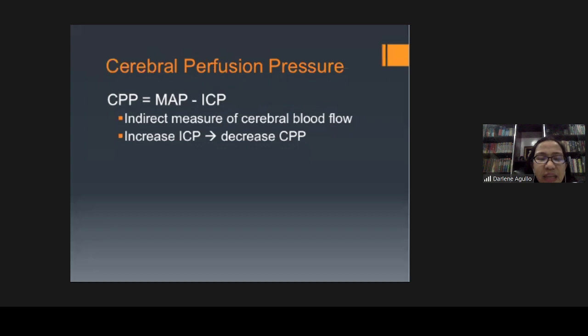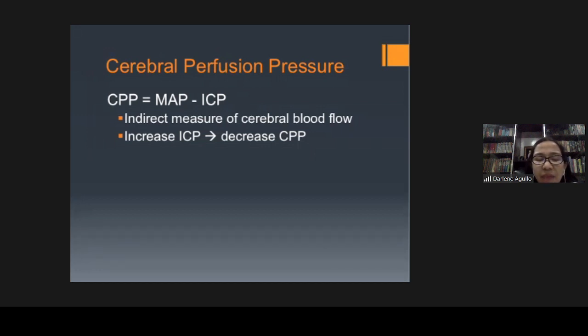So CPP, or cerebral perfusion pressure, minus ICP. So CPP, cerebral perfusion pressure, is considered an indirect measure of cerebral blood flow and is always inversely proportional to intracranial pressure. So with increased ICP, there is decreased cerebral perfusion pressure.